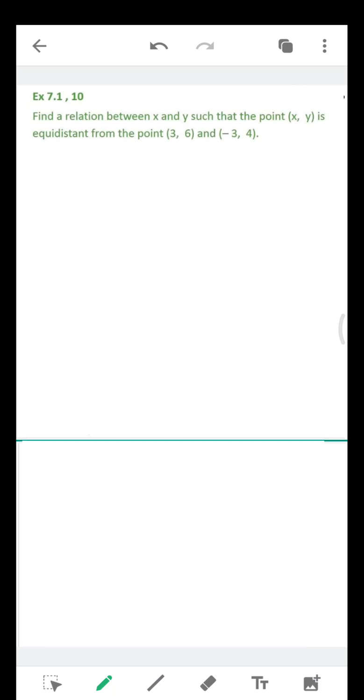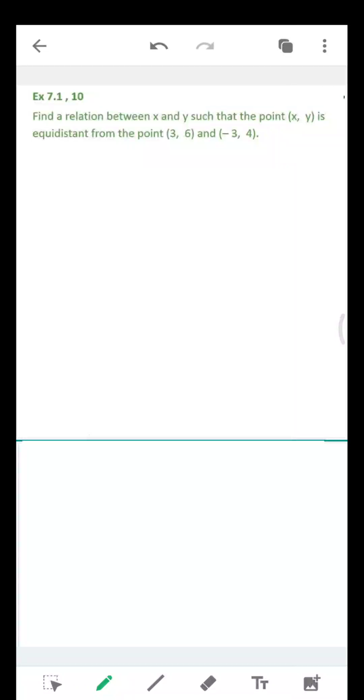Find a relation between x and y such that the point x comma y is equidistant from the points 3 comma 6 and minus 3 comma 4. Here also the term equidistant is given. So we have to find the relationship between x and y.